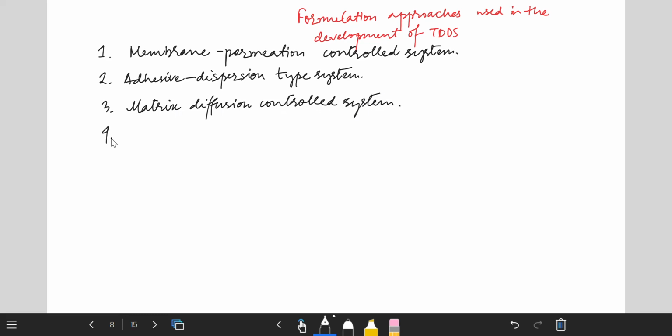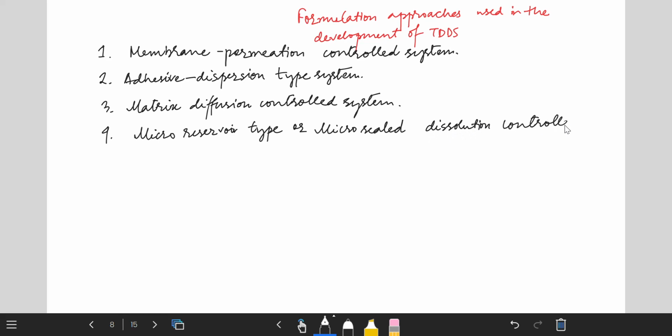And the fourth one, or the last, is micro reservoir type or micro sealed dissolution controlled system.